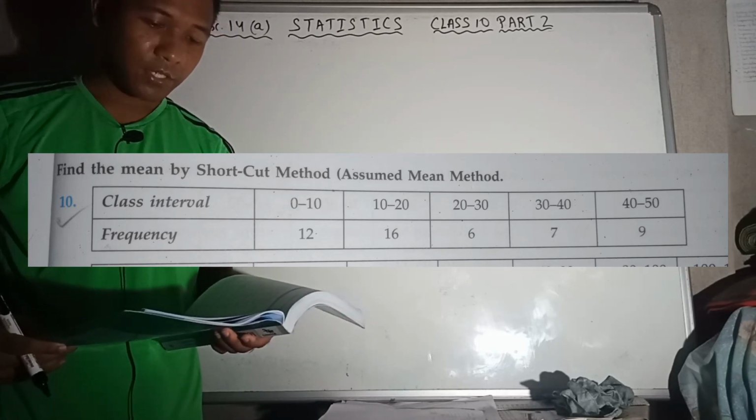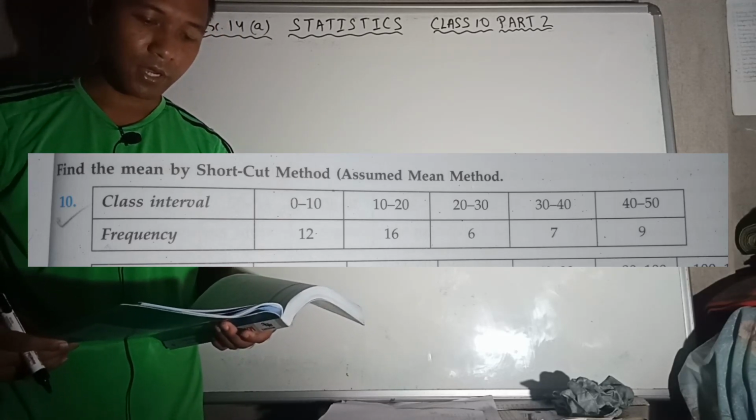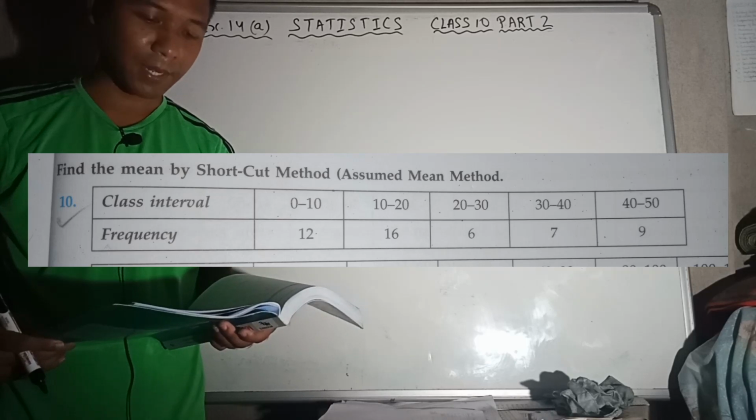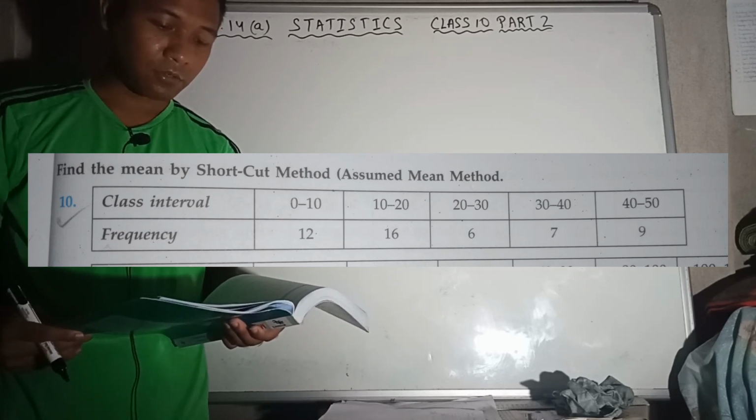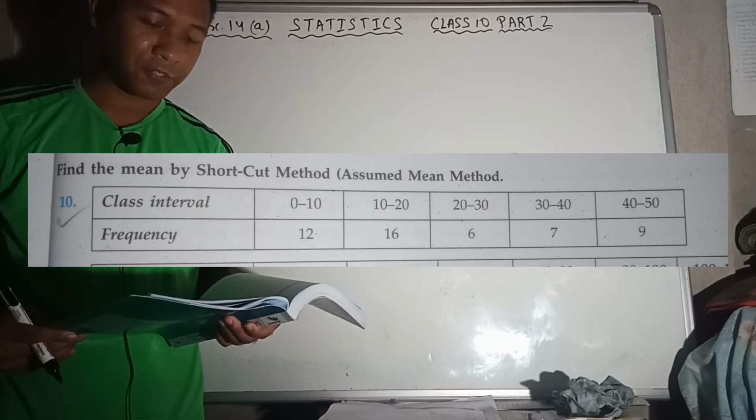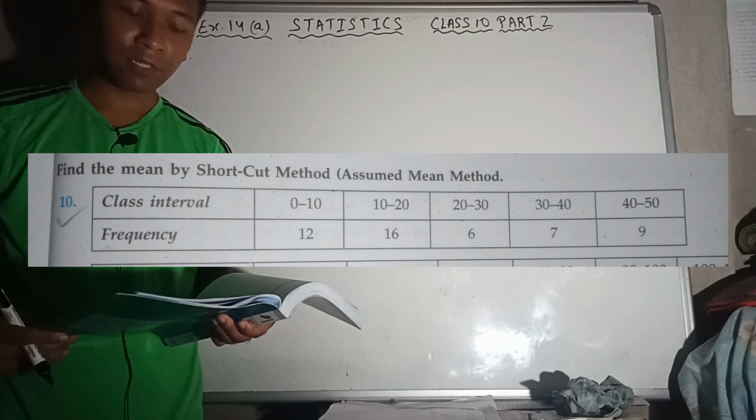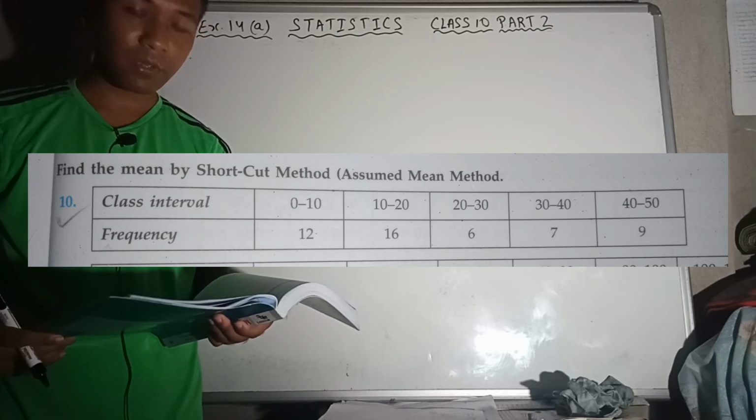Find the mean by shortcut method or assumed mean method. Question number 10. The class interval and frequency are given, and we calculate the mean by the shortcut method or assumed mean method.